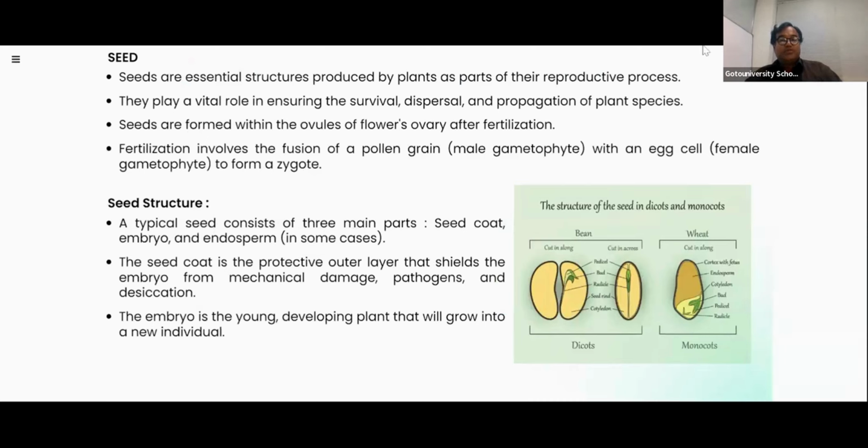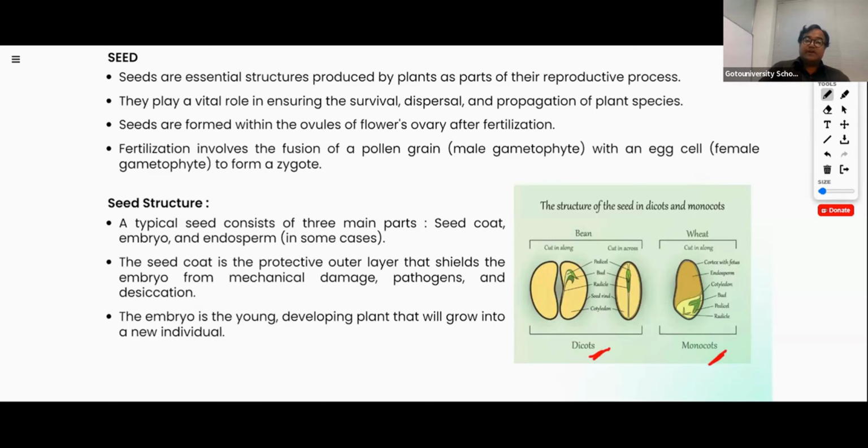So can you give an example for a desert dicot and desert monocot? In the CBSE board exam they will ask, so we should be very careful. Hydrophytic plants require maximum water. A very good example is bean and wheat, but not the date plant, right?